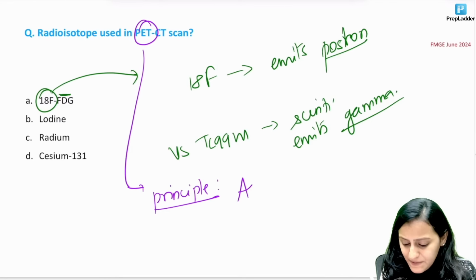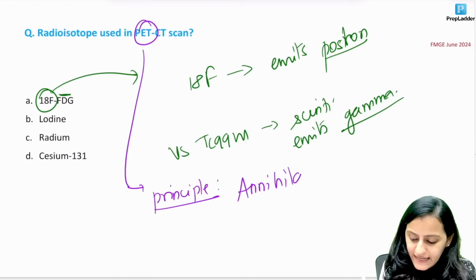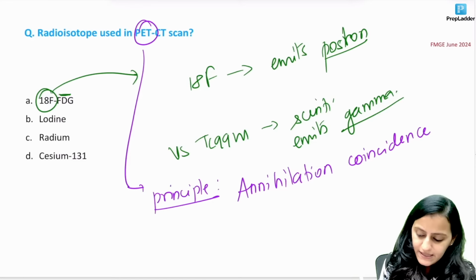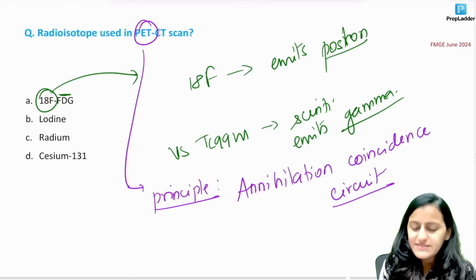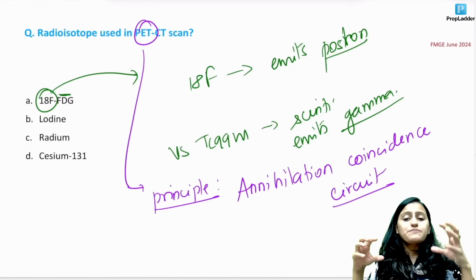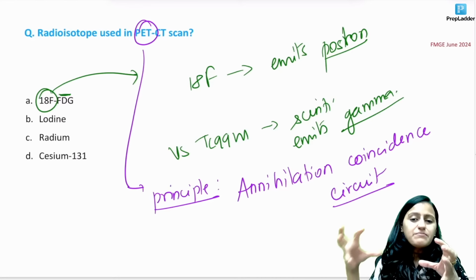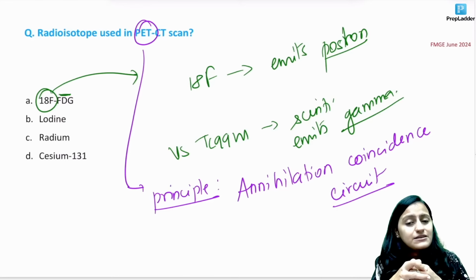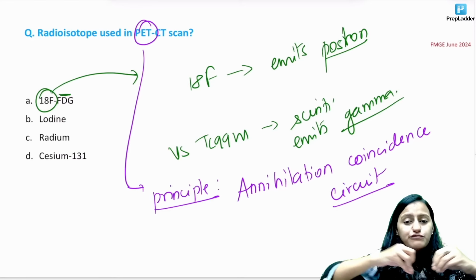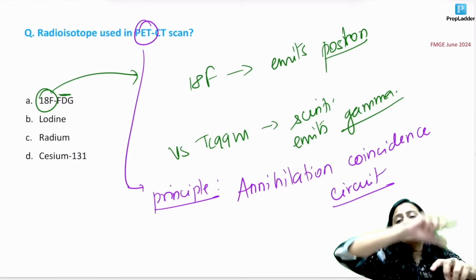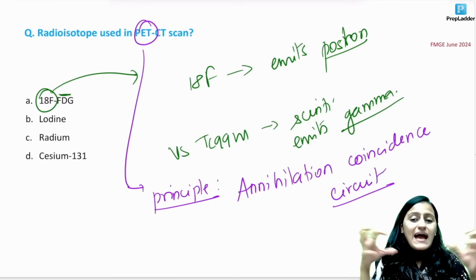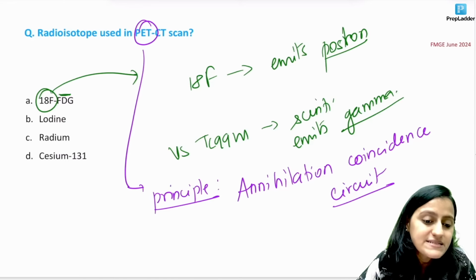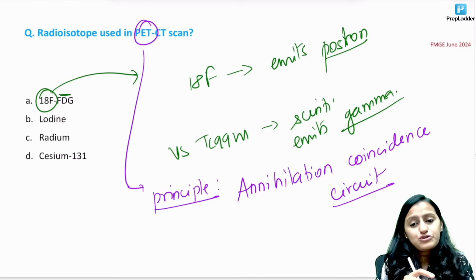Remember, the principle is something called as annihilation coincidence circuit. So it's like positron coming from the 18F combining with electron in the body. So there is annihilation, destruction, cancelling each other. And then it generates two photons which go and coincide on that detector. So annihilation coincidence circuit is the principle of PET scan.